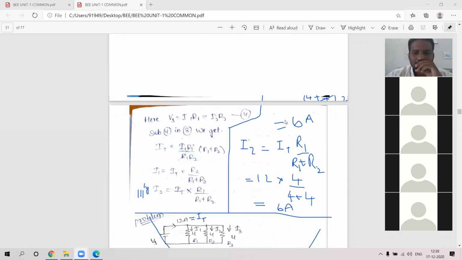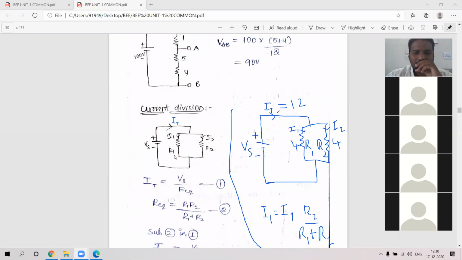I will show you. This is the formula. By seeing only, you can write. See here, I want to find I1 here. This is I1. Now you tell me, all of you, I1 is equal to, what you got?